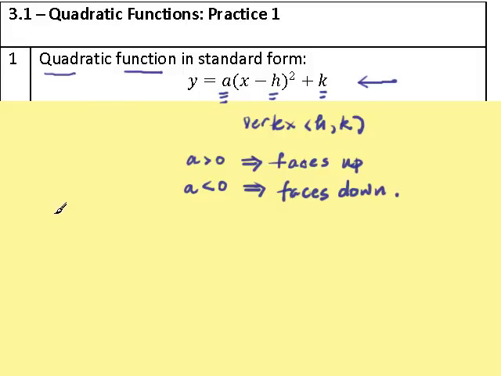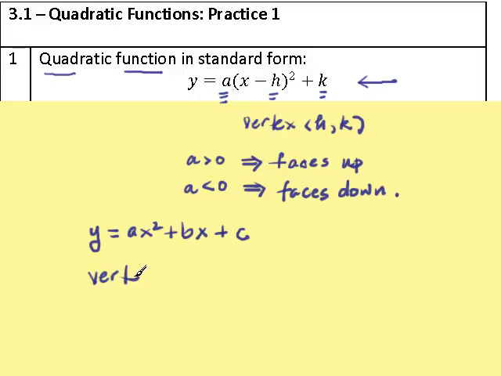Now, if we have a quadratic function where everything's multiplied out, let's say it's in this form, then from this form we have a formula for the vertex. The x-coordinate of the vertex is negative b over 2a.